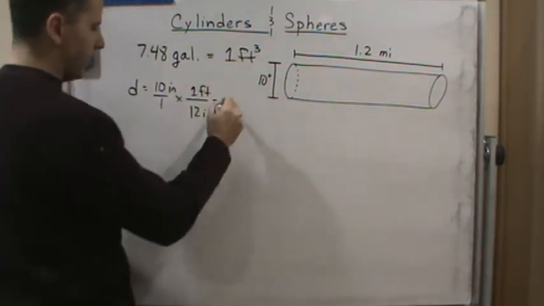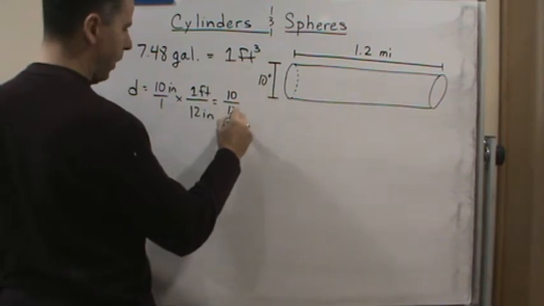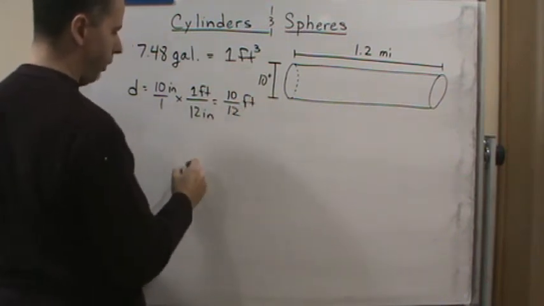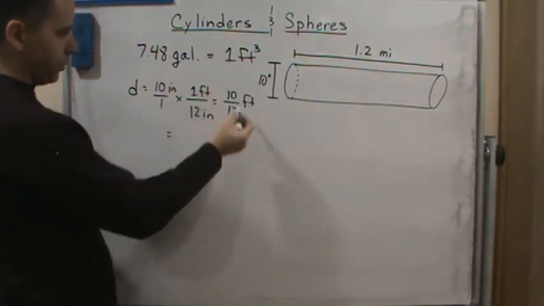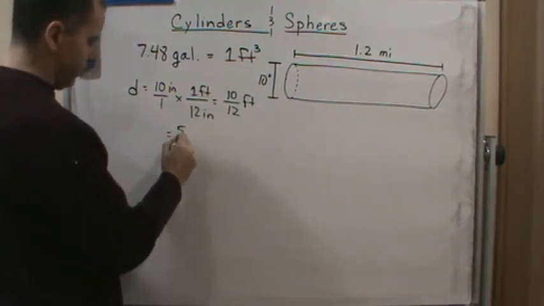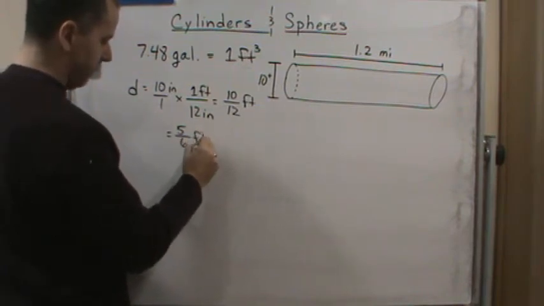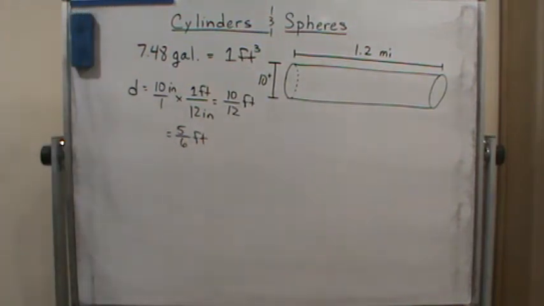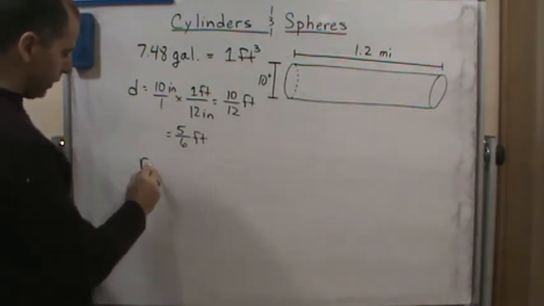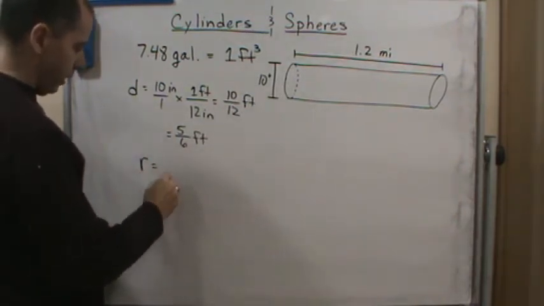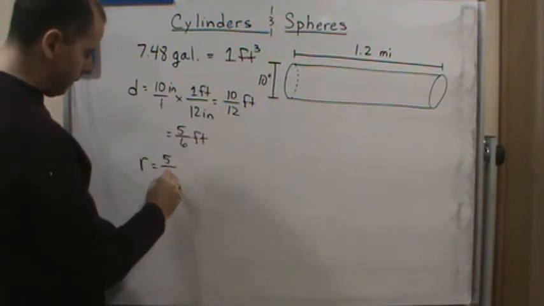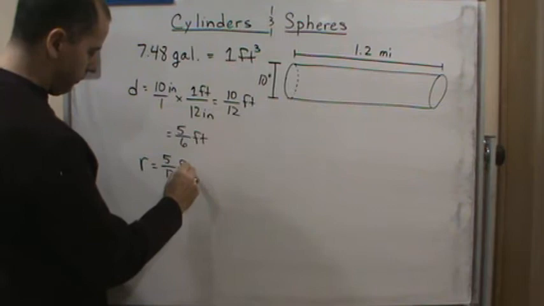So that's going to give us 10/12 of a foot, or we reduce this to 5/6 of a foot. And by the way, since this is diameter, what we really want is radius, which is going to be half of this. So that's going to be 5/12 of a foot.